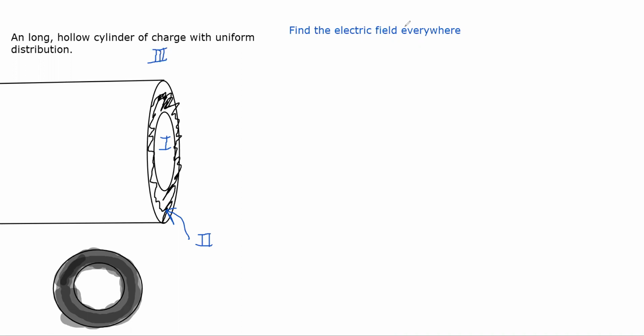We're going to find the electric field for every single region. So let's do region 1 first. Region 1 is when my Gaussian surface, lowercase r, is less than, oh, I just realized I did not define my different radii here.